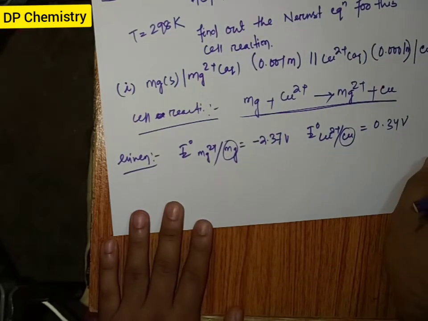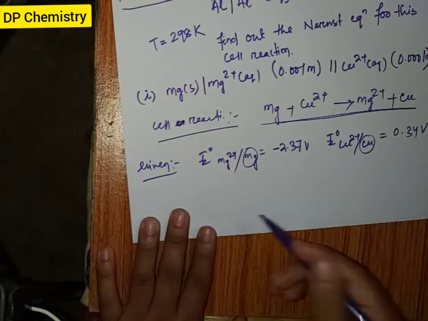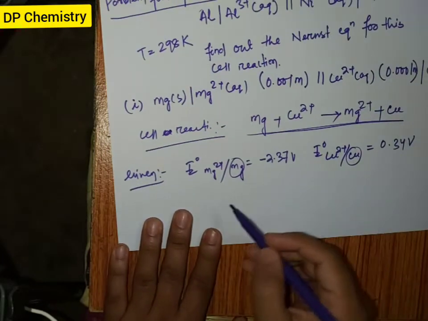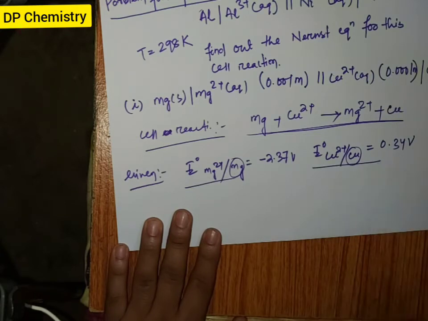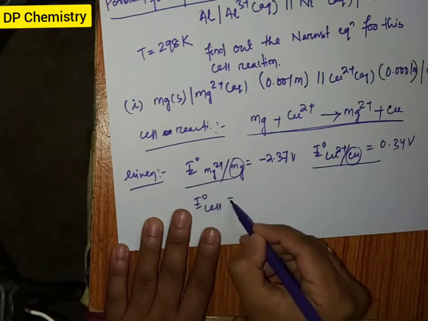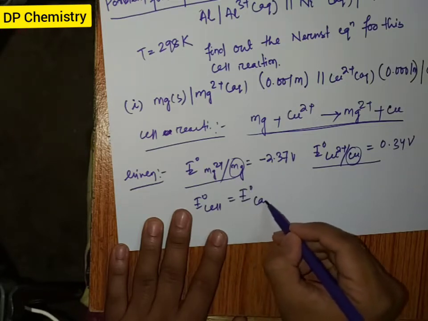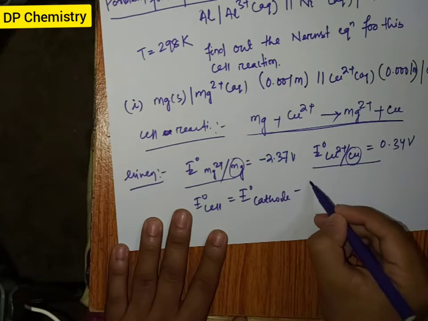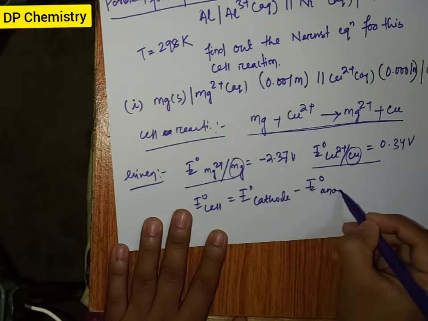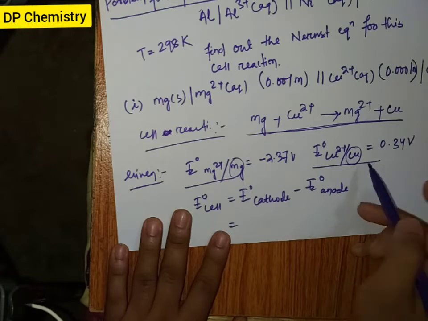After finding the cell reaction, since you have been given the two electrode potentials, you can calculate the E naught cell, right? E naught cell is equal to E naught cathode minus E naught anode, because the reduction potentials are given here, right?